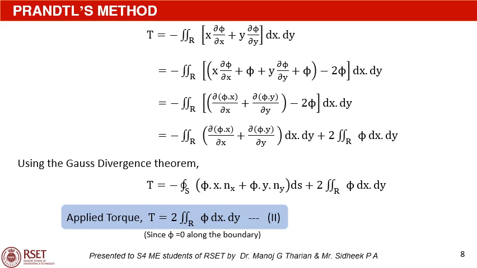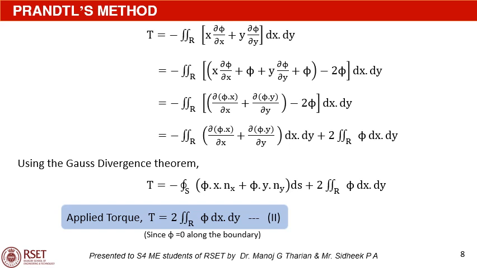Opening up the square brackets, the above equation becomes T equal to minus double integral over the region R of (∂/∂x of phi x plus ∂/∂y of phi y) dx dy plus twice double integral over the region R of phi dx dy.